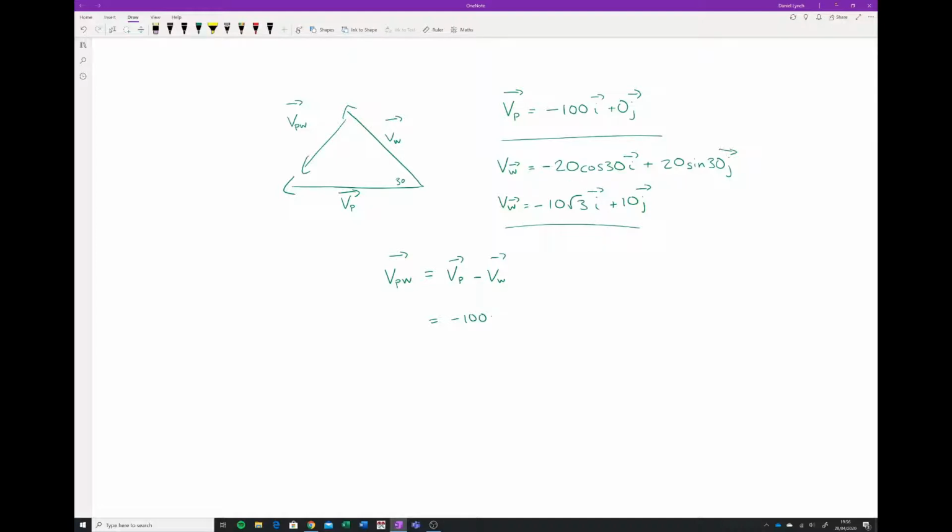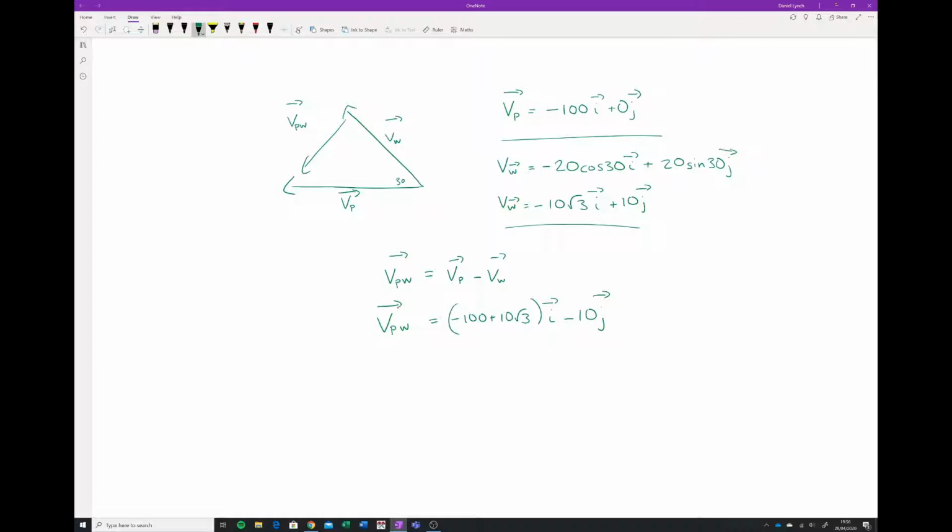When we take away a negative, we're adding it on. So that's adding on 10 root 3, and those are all the i's that we have. And we are then going to do our j's, so that's the vector for the plane, and we're going to subtract the vector for the wind, so minus 10j.